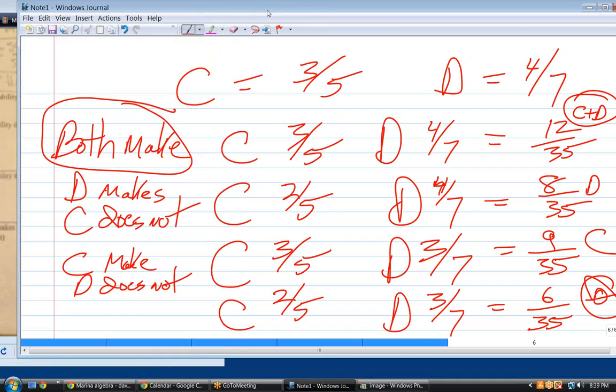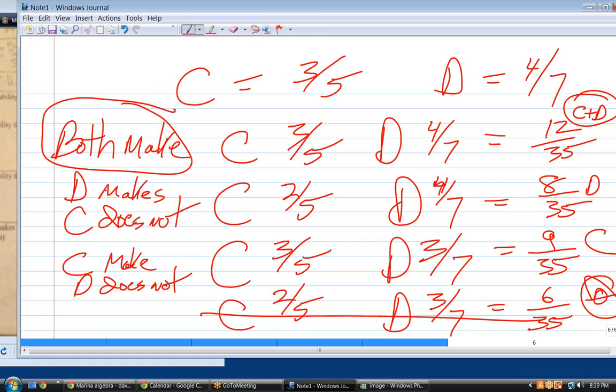So let's figure out how to do that. Probability that fish C makes it, given that exactly one fish makes it? Or at least one fish makes it. Oh, at least or exactly? At least one. Okay, at least one. So the only one we can eliminate is that, right? Because neither makes it in that scenario.